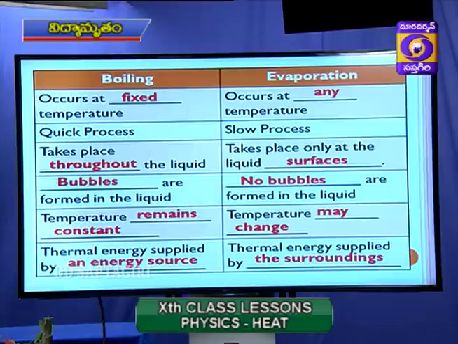In boiling the temperature remains constant, in evaporation the temperature may change. In boiling there will be bubbles, the water will evaporate in the form of bubbles and go up, while in evaporation there will be no bubbles.